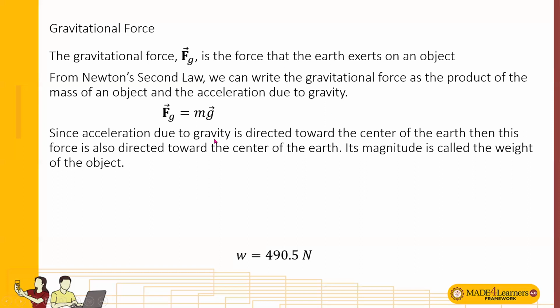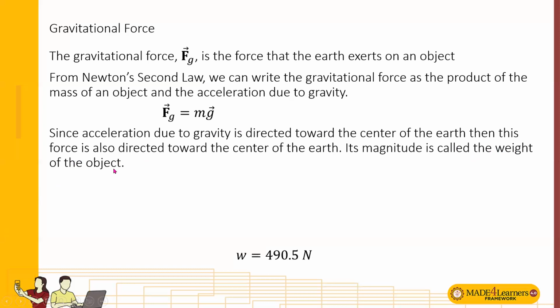The force, therefore, is also directed toward the center of the earth. And the magnitude of this gravitational force is what we call the weight of the object. If we disregard the sign, the convention or the direction, and focus on just the magnitude, what we get is the weight of the object.